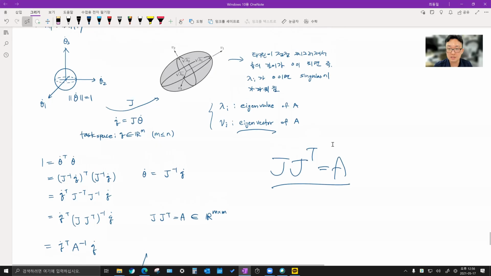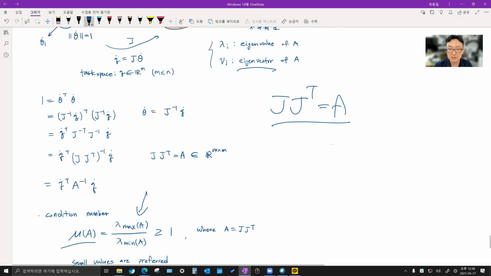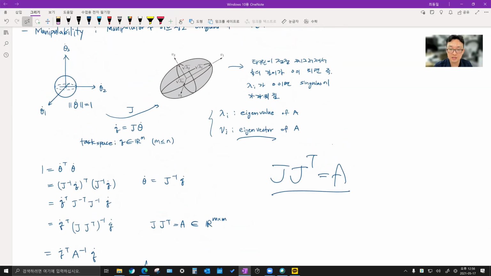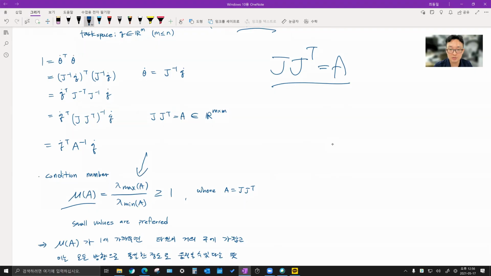Lambda max is the largest eigenvalue of the A matrix, and lambda min is the smallest eigenvalue of matrix A. So the ratio of these two is greater than or equal to 1.